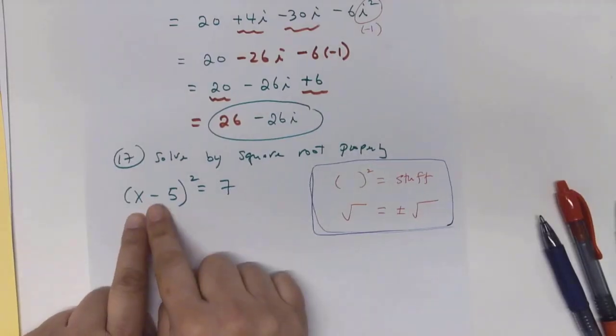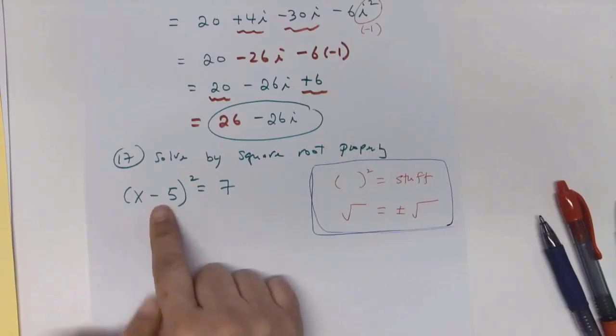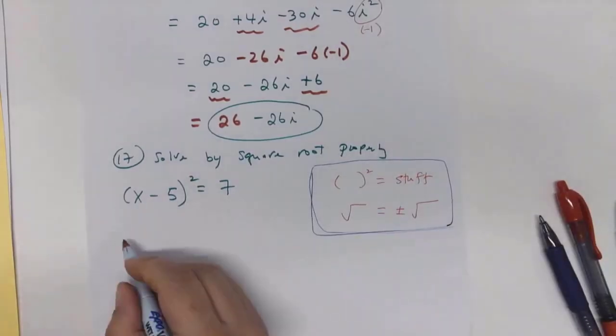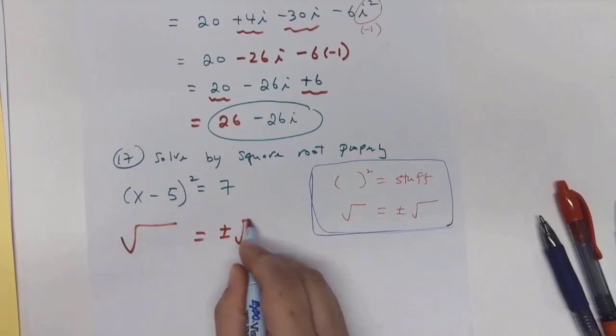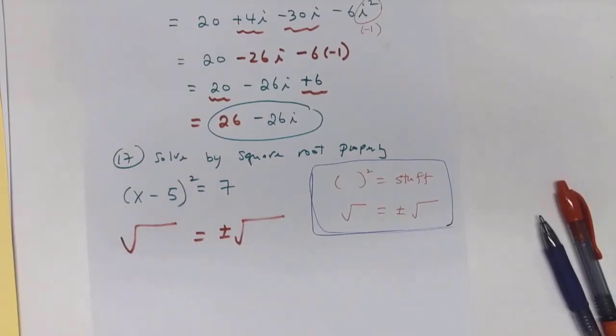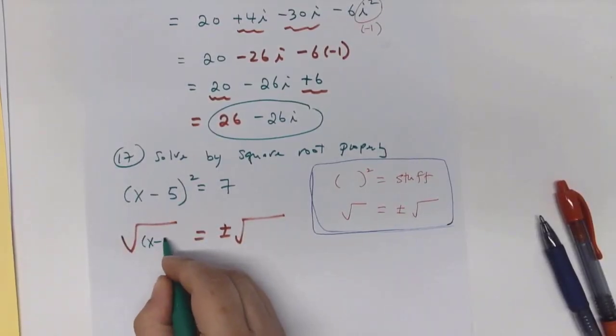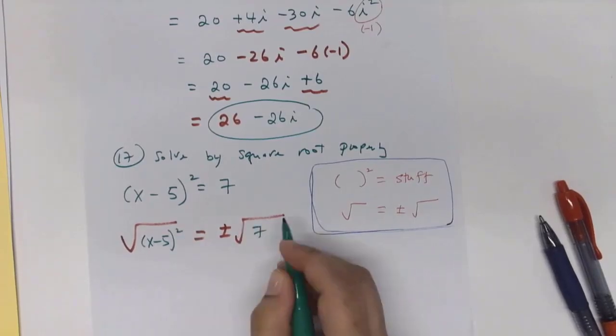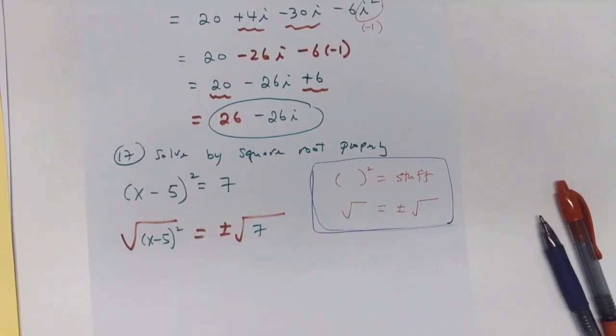Do we have a perfect square? Yes, so we're ready to take the square root of both sides, the right hand side plus minus. So x minus 5 perfect square, this is 7. So if we have that, the square root and square do what to each other?